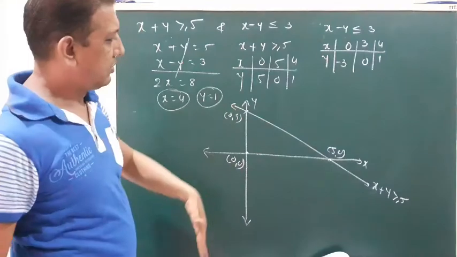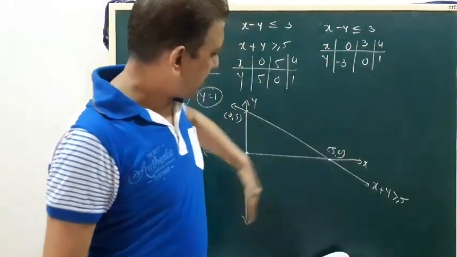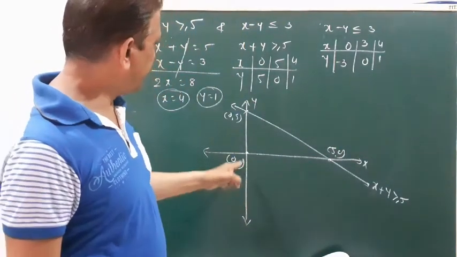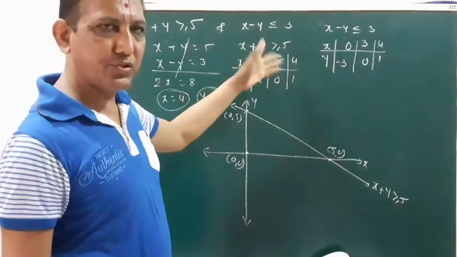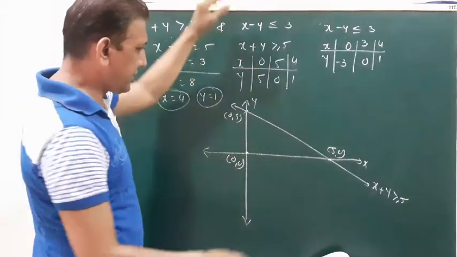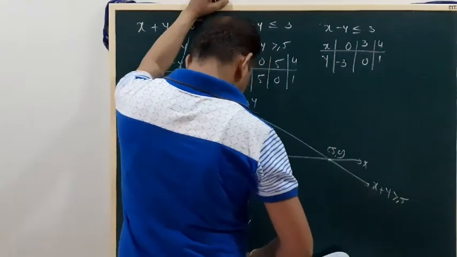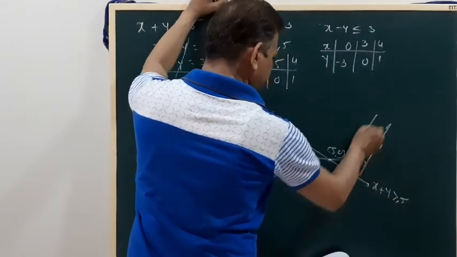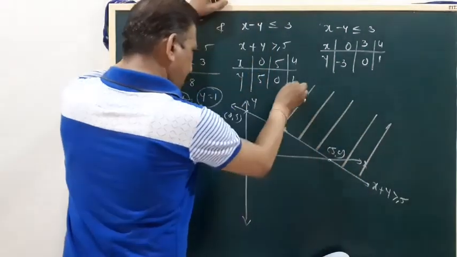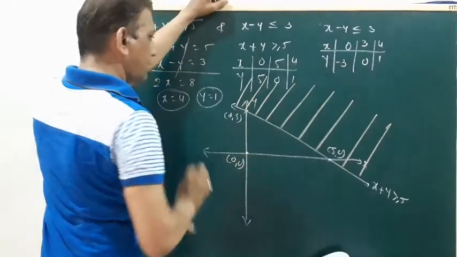Now decide upper part or lower part. Put here 0, 0; 0, 0 is not satisfied. That means this part is not included. Okay, this part. Clear?